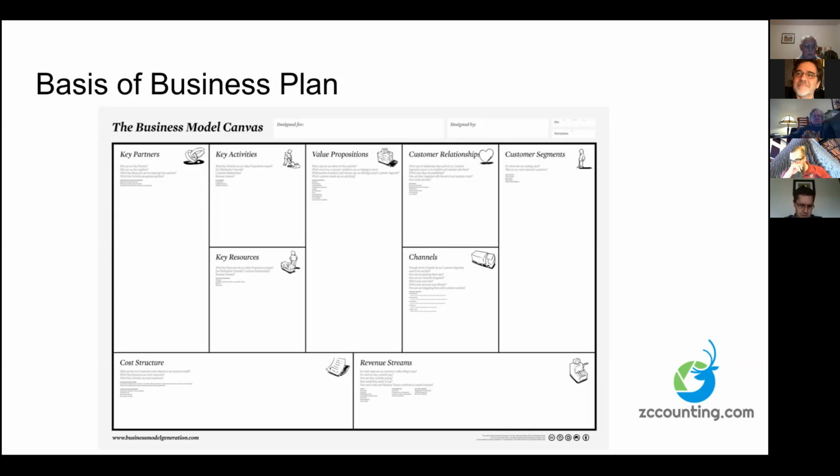But there is a concept called the business model canvas that came out, which was essentially a one-page bullet point business plan. So I like entrepreneurs that I work with to update their business model canvas every couple months, because this will drive your assumptions for your financial model. It will drive your business to the value proposition, and it will drive essentially your way of thinking about the business.